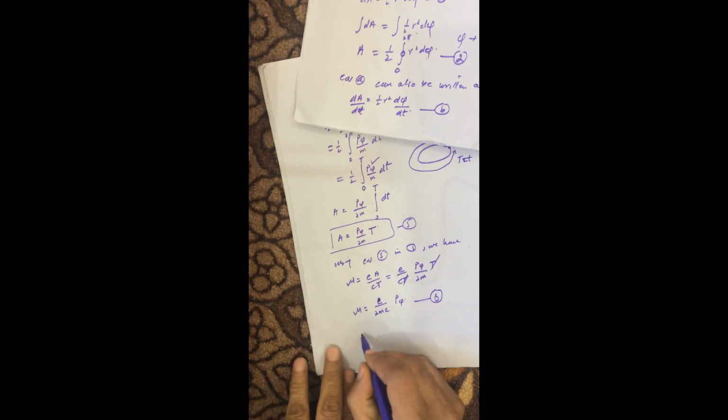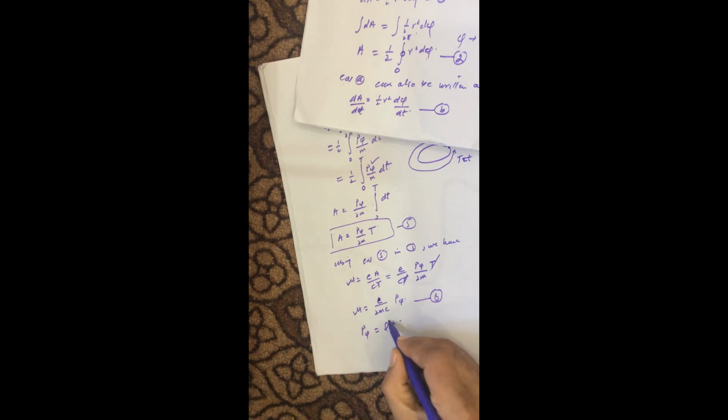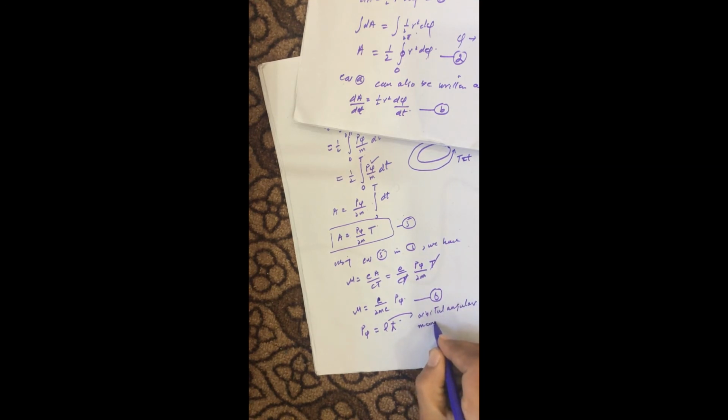Now the angular momentum P can also be expressed in terms of the orbital angular momentum quantum number, like we already did. P of phi is equal to L times h bar, where L is the orbital angular momentum quantum number, and its values start from 0, 1, 2 up to n minus 1, where n is the principal quantum number.